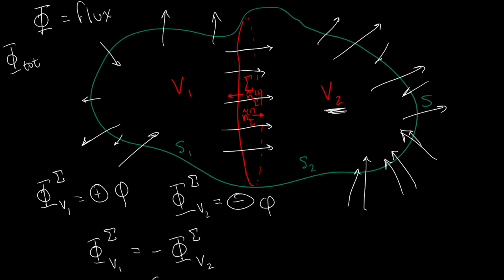Then I have a piece associated with V1 and a piece associated with V2.